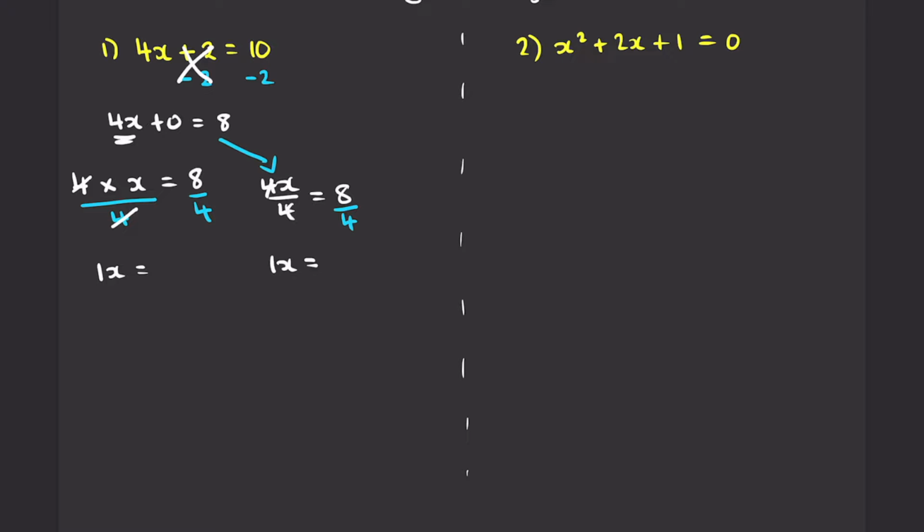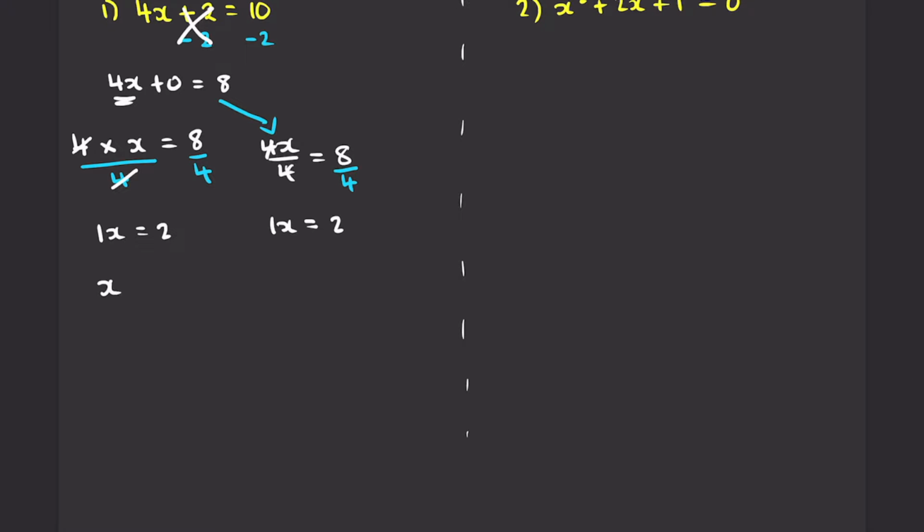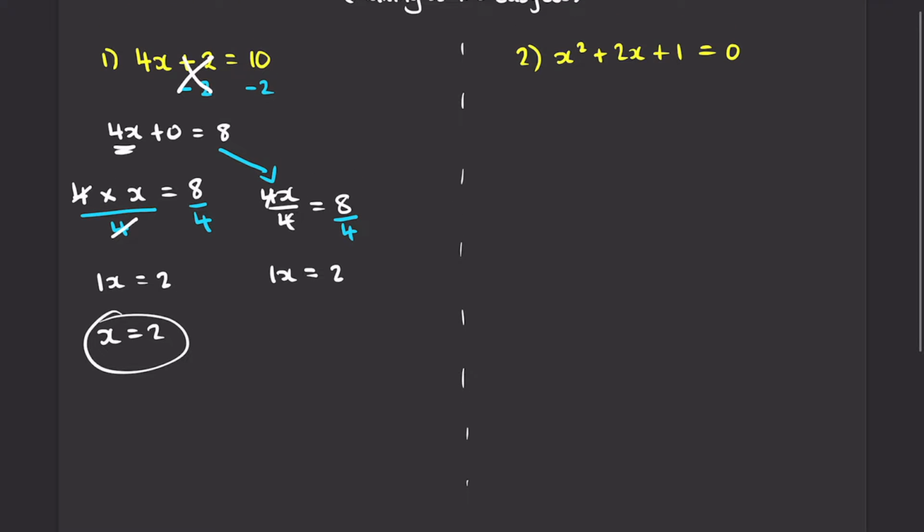How many 4's go into 8? The answer is 2, because 4 times 2 equals 8. So 1x equals 2. Our final answer is x equals 2, and that is the answer.